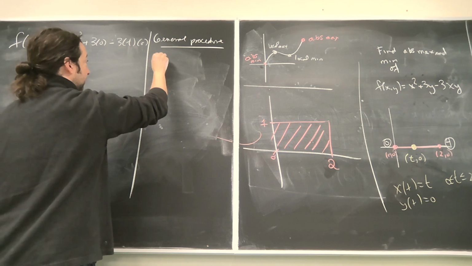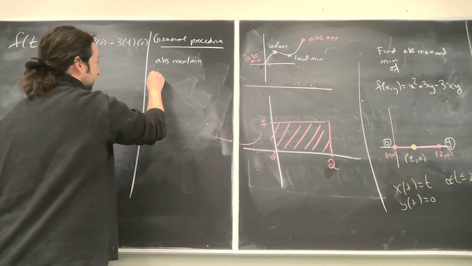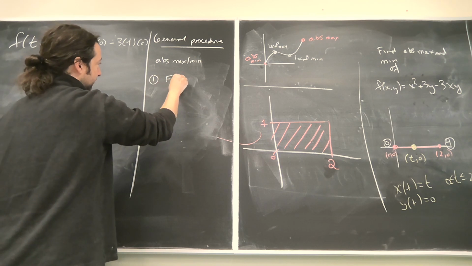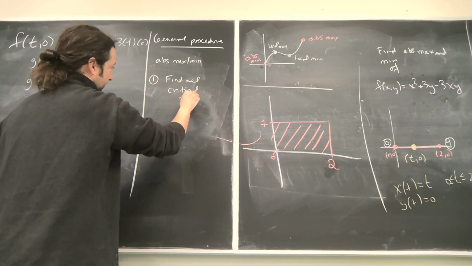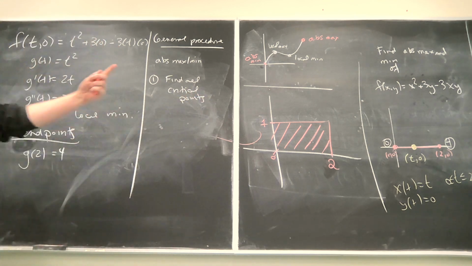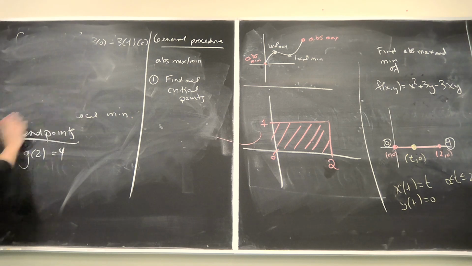So if I want to find an absolute max or min, step 1 is to find all the critical points. In this case, I think the critical points turn out to be quick.